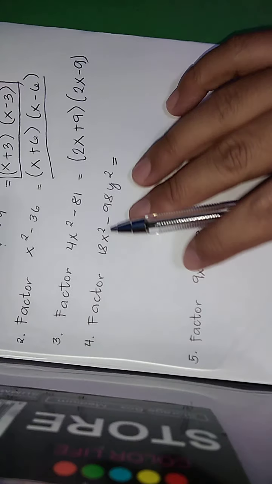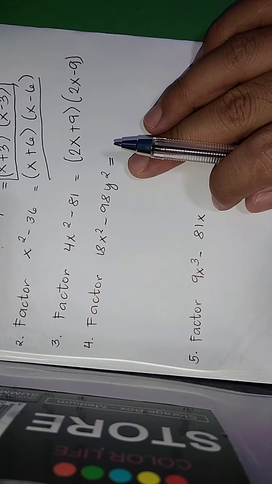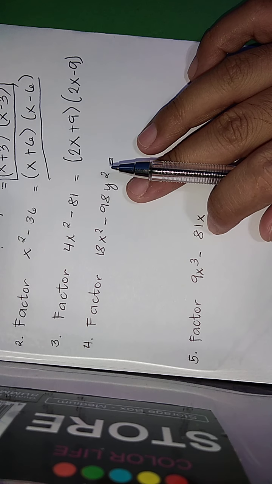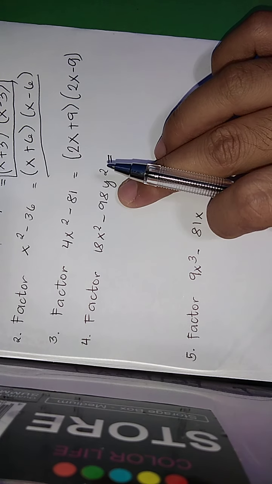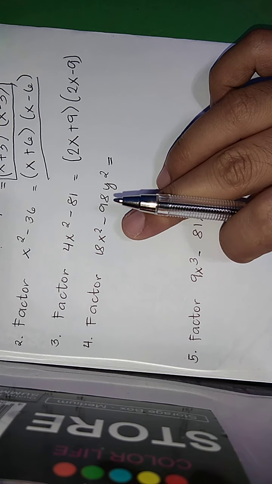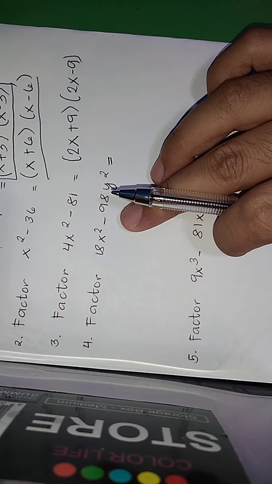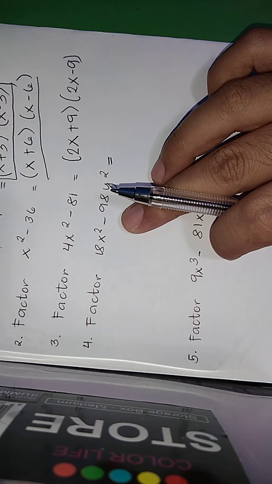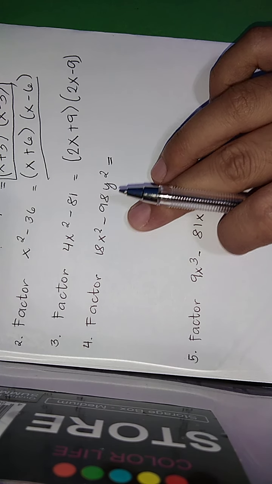Factor 18x squared minus 98y squared. So, dito sa polynomial natin sa number 4, ang 18 at 98 ay hindi siya mga perfect square. So, pwede siya namang i-factor using the GCF first. Palalabasin natin na meron siyang difference of two squares.